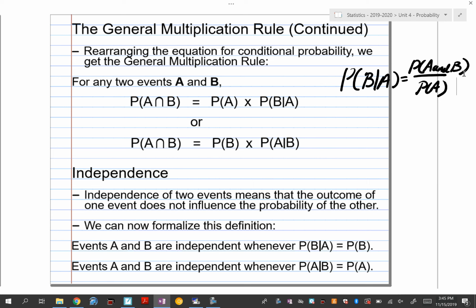Say it again. The effects will never affect the other event. Great. I agree. I would go a little bit further and say if one event happens, the likelihood of the other event happening is unchanged.